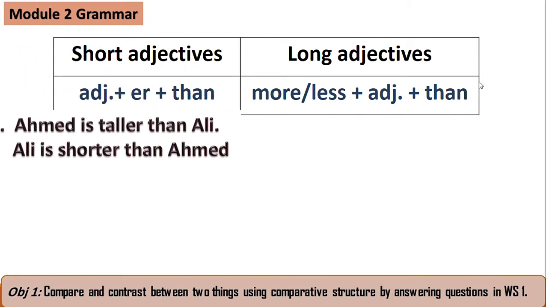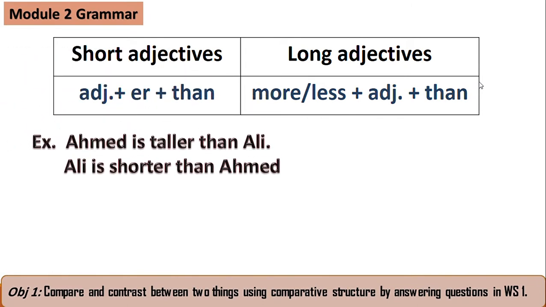We have an example here. Ahmed is taller than Ali. However, Ali is shorter than Ahmed. Ahmed is taller than Ali: we use a short adjective, so we add only er to the short adjective, using than, to make a comparative between Ahmed and Ali.